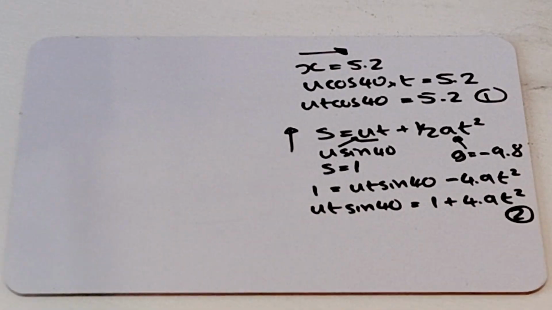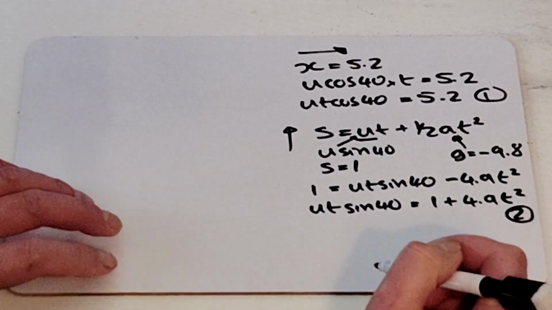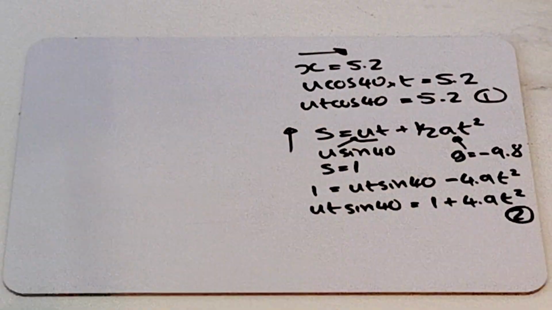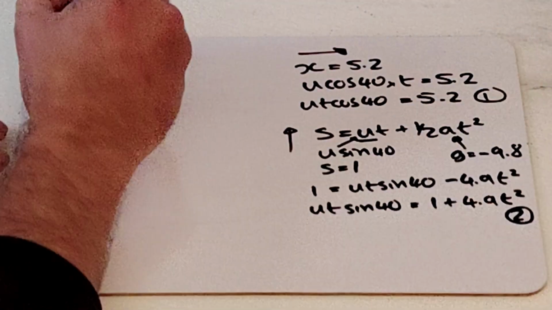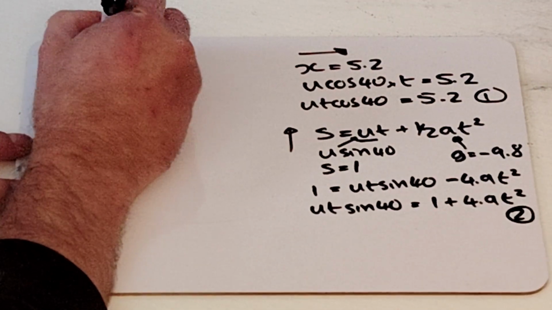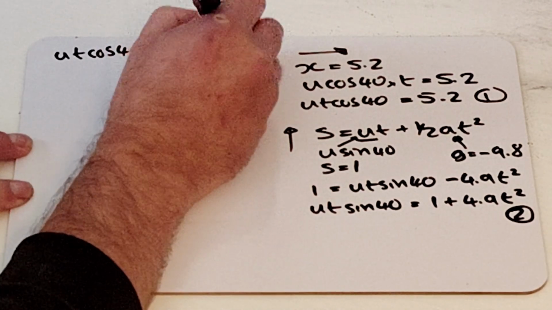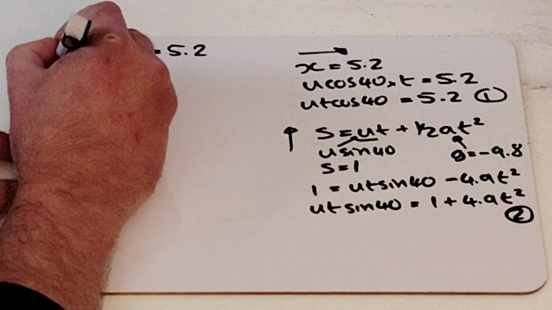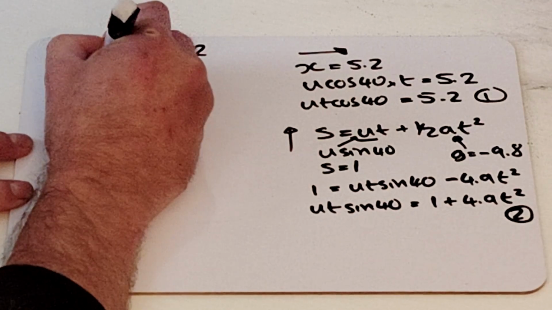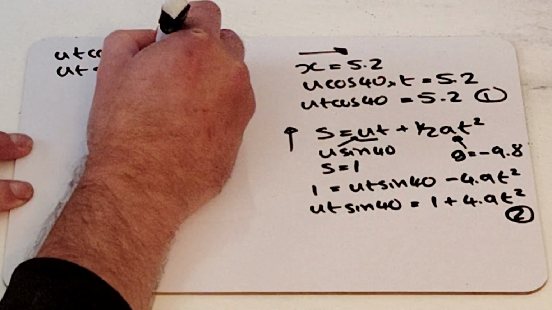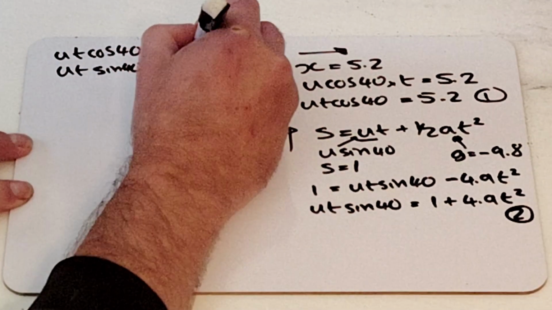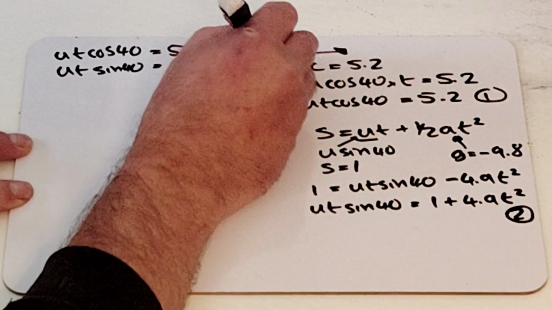So we now have two equations. The beauty of this, I'm going to write one above the other. We've got ut cos 40 equals 5.2, and we've got ut sine 40 equals 1 plus 4.9 t squared.